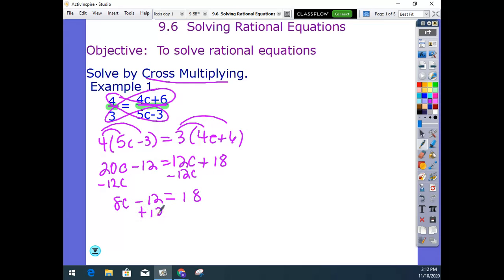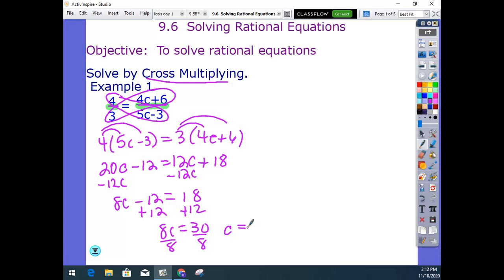Then I get my constants on the same side. Divide by 8. And I can't take 30 divided by 8, but I can reduce them both by 2 because they each contain a common factor of 2. 15/4.